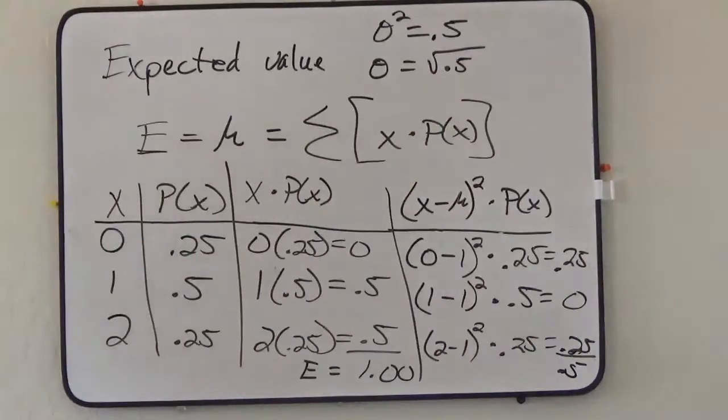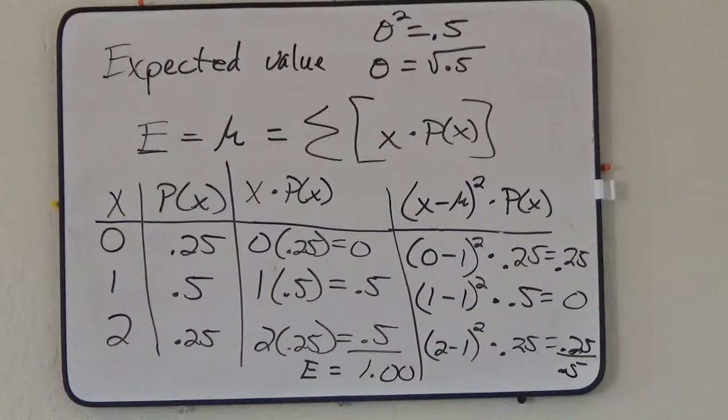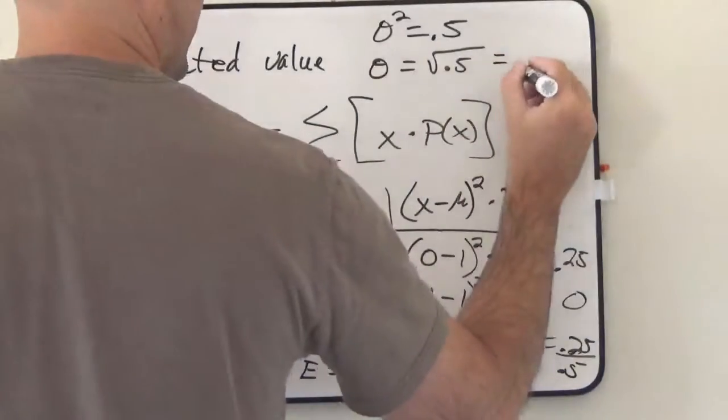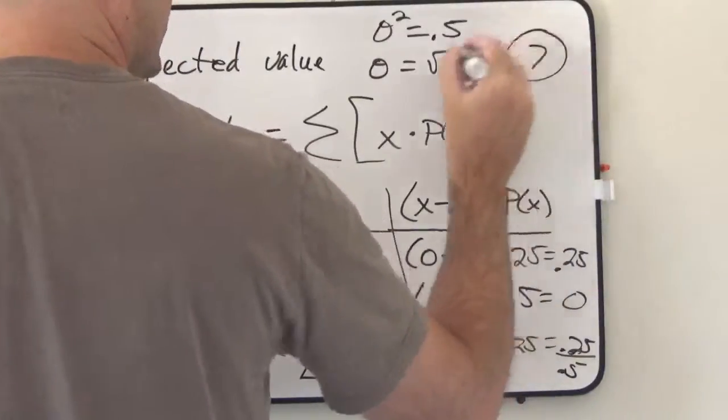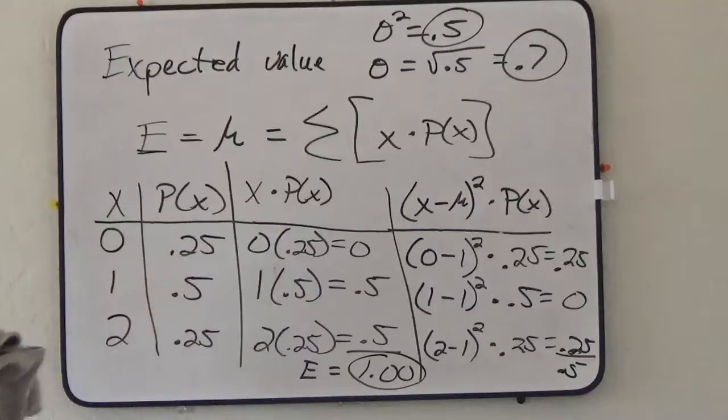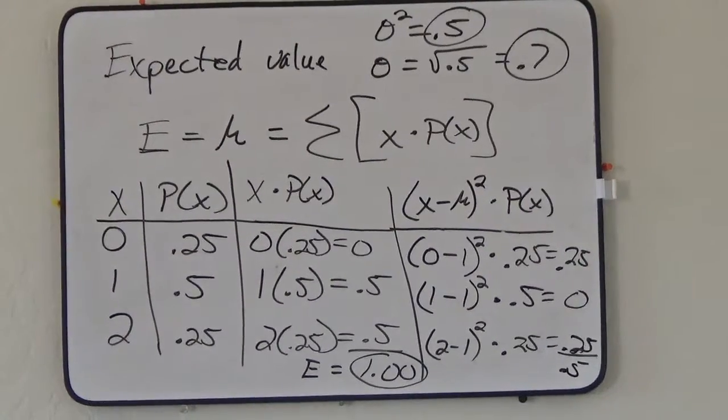So you can see that variance and standard deviation are very closely related. Standard deviation is taking the square root of the variance. And when we do that, guys, this is a rounded answer, but we get 0.7. So my answers are these ones here, and then 1 for my expected value. 1 child is expected to be a girl. Okay, that ends part 1.